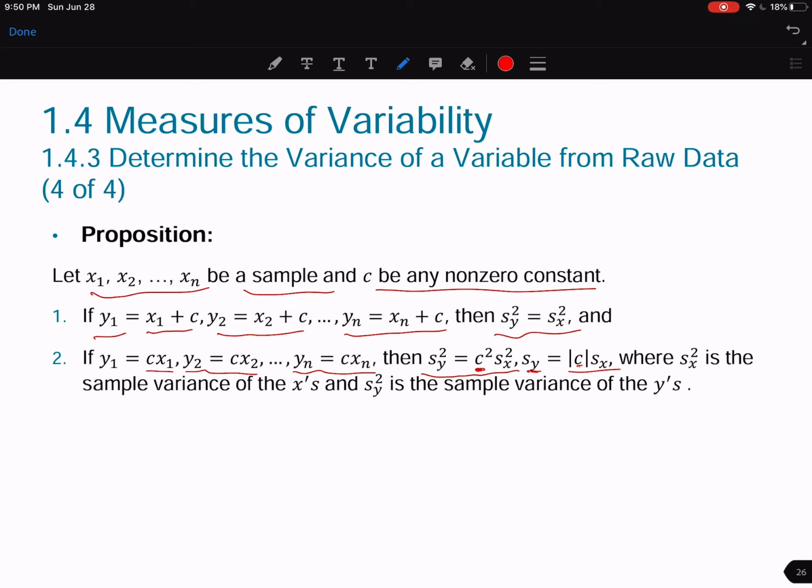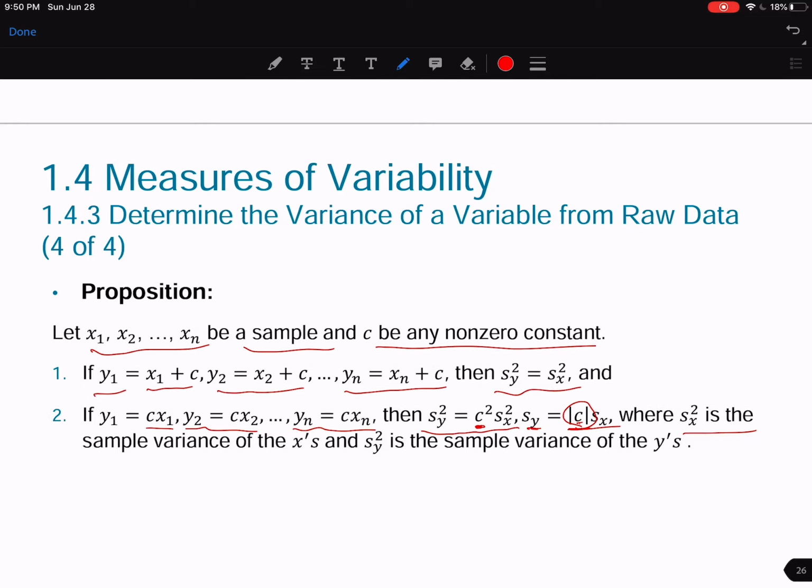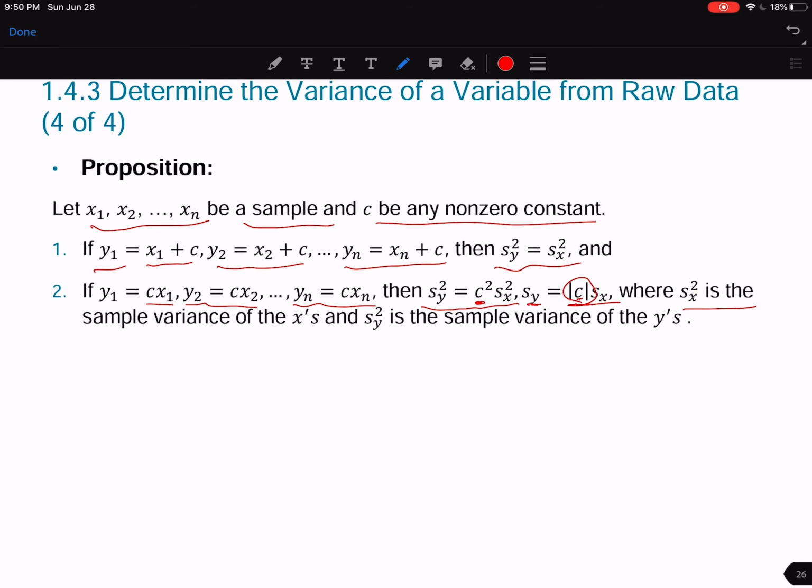That's why we need the absolute value sign here to guarantee that this number is positive. Of course, s_x squared is the sample variance of x, and s_y squared is the sample variance of y. So that's the basic proposition of the standard deviation and the variance. All right, that's pretty much all about this part.